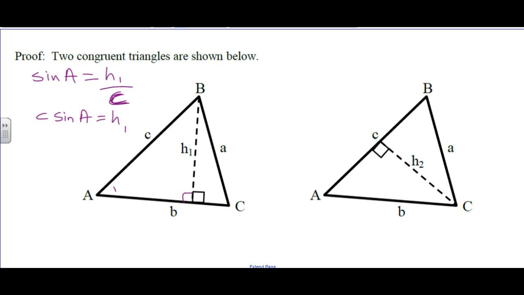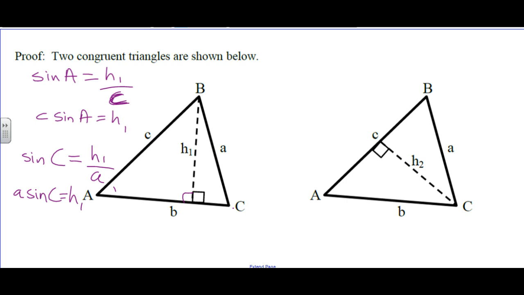And in this little triangle here, so we have two right angle triangles, the sine of angle C is opposite H1 over hypotenuse A, which means that A times the sine of C is equal to H1. So I now have two different expressions for H1: C times sine A and A times sine C.